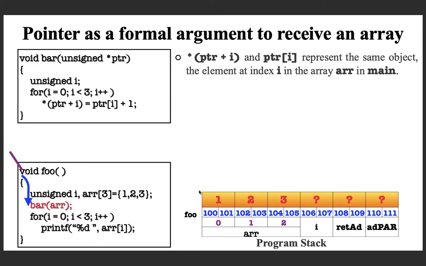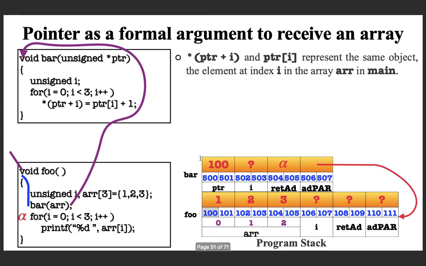So, an activation record should be created on the stack, and in this case only 2 local variables are there, a pointer and an unsigned integer. So, that is what is happening. The pointer is getting 2 bytes, and what is it getting as value in PTR? The value which is passed by ARR, which is nothing but the address of the element at index 0.